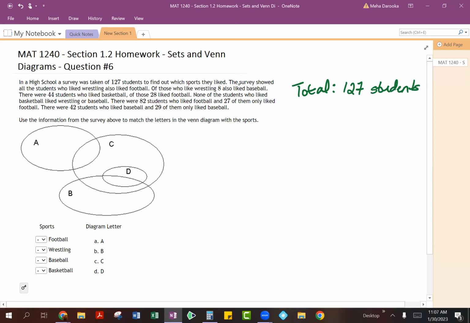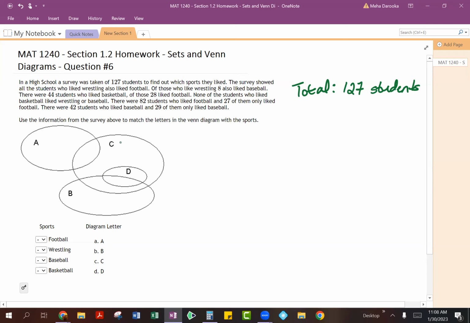So first they're telling us the survey showed all the students who liked wrestling also liked football. So this actually tells you that all the students who like wrestling are going to be contained inside of the students who like football.